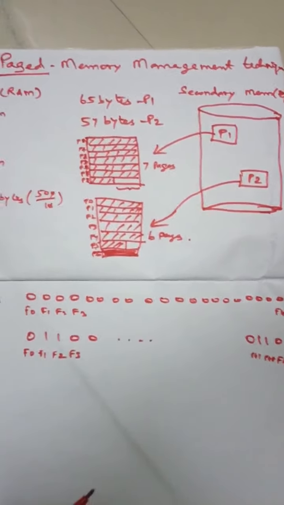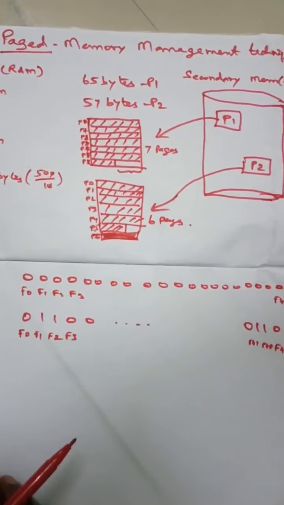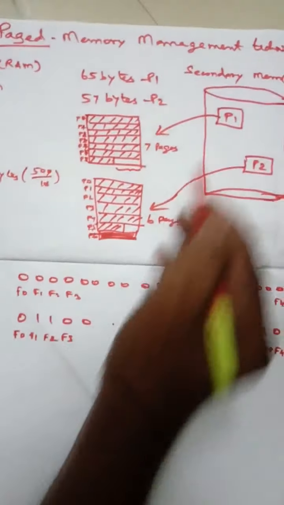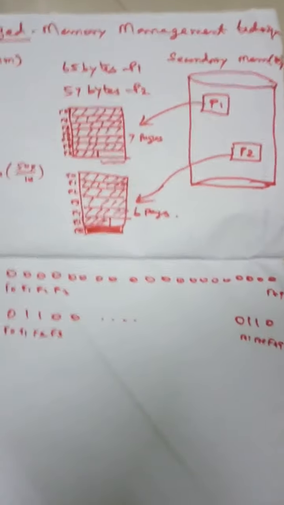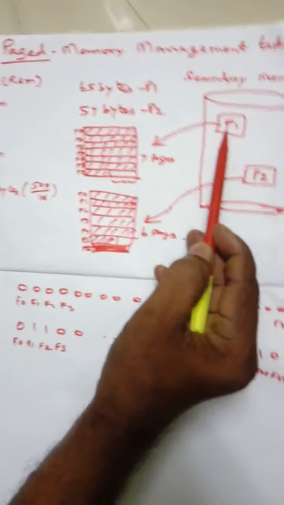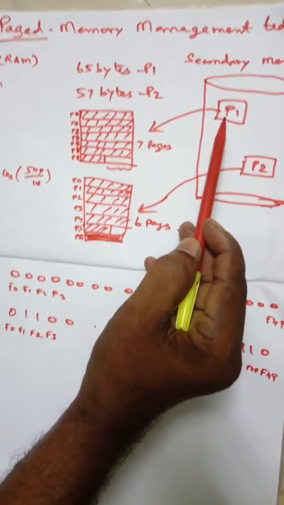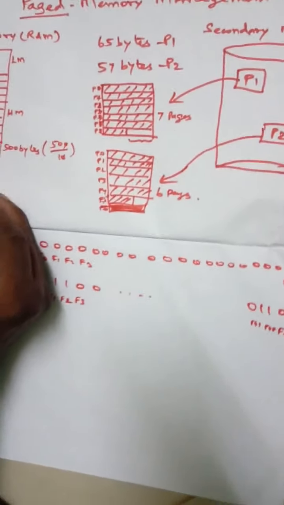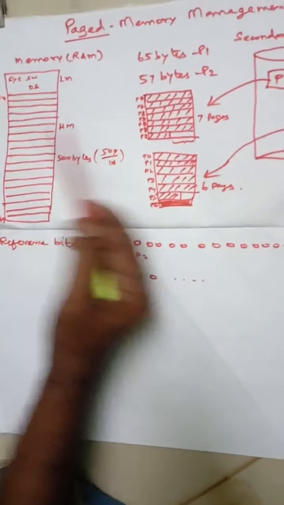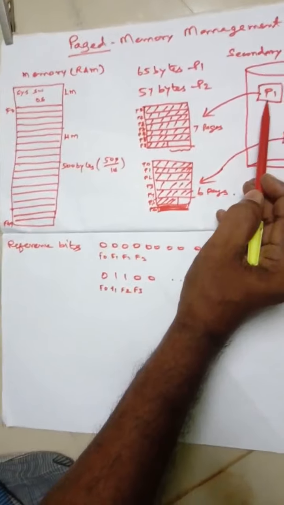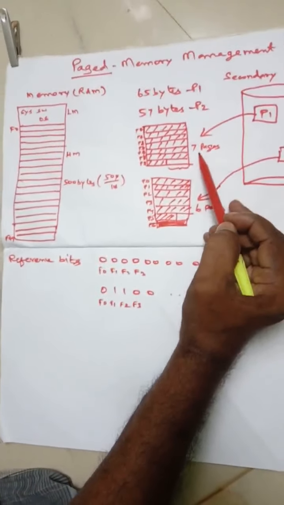So now come to understand execution of program 1. When program 1 is going to be executed, it must be available in random access memory. The size of program 1 is 7 pages.